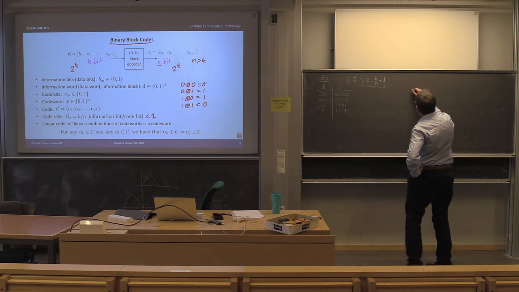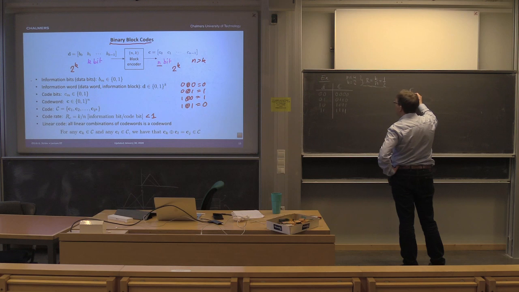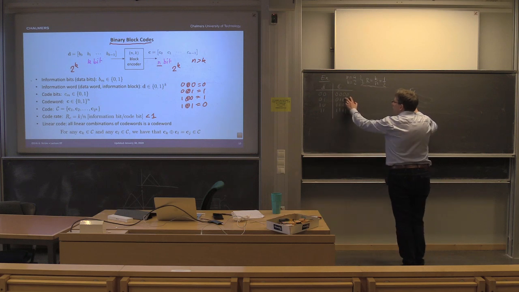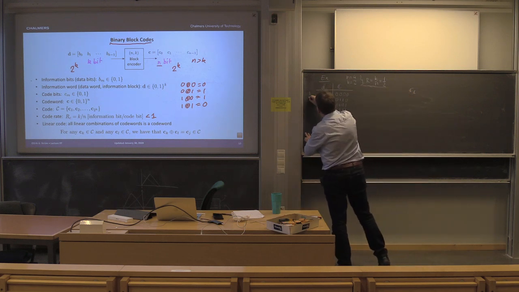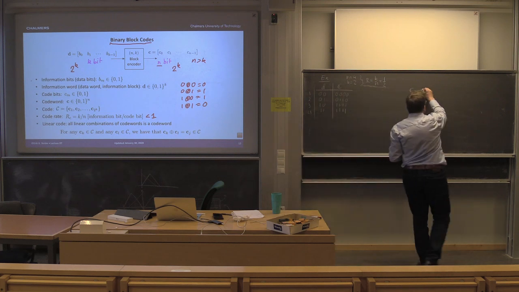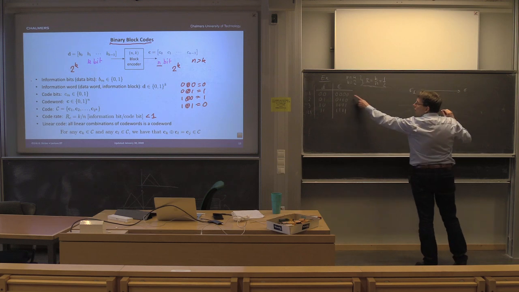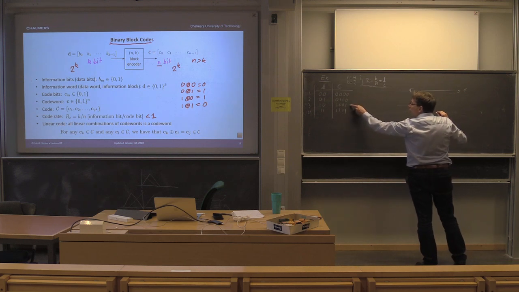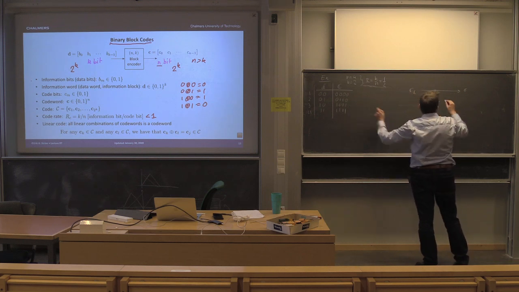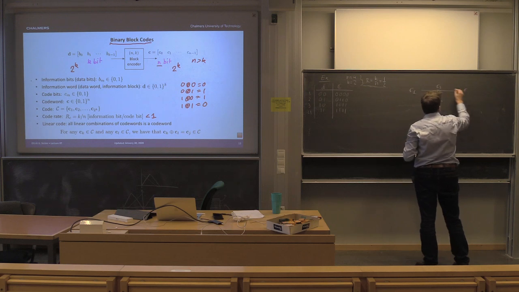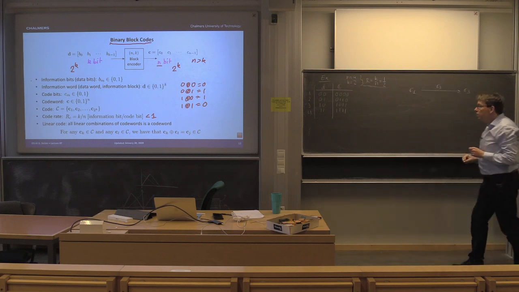So if we put up here the first code word, C1, here. Let's do 1, 2, 3, 4 like this. I can get to C3, for instance, by simply adding C3 to this, like this.